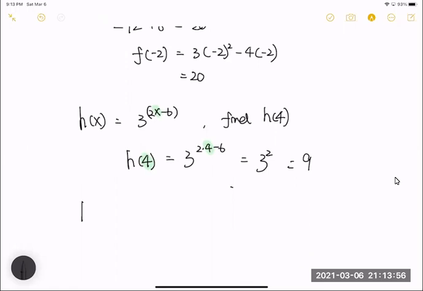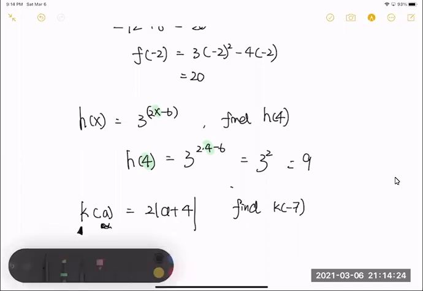Or they will use k of a, which is the absolute value of 2 times a plus 4, and they want you to find k of negative 7. Well, it doesn't matter. They just changed the letters, but they represent the same thing. This means the function with an input value a.